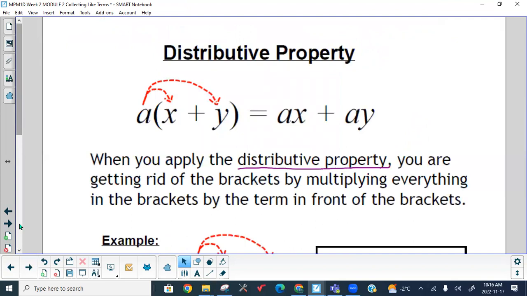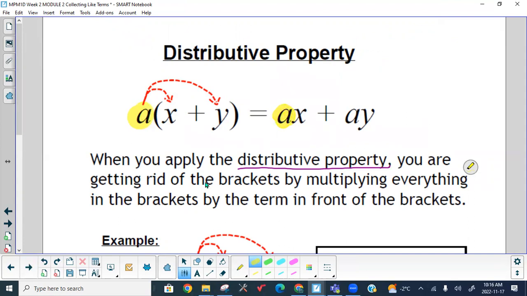Okay, and can everyone take a second and write down the definition of the distributive property? In this definition, we're going to represent some number, the number that's in front of the brackets, by the term A. So the A is my hammer. Everything inside my brackets are the nails.